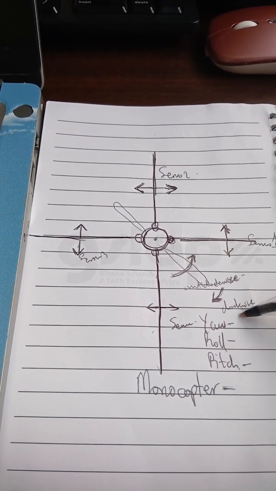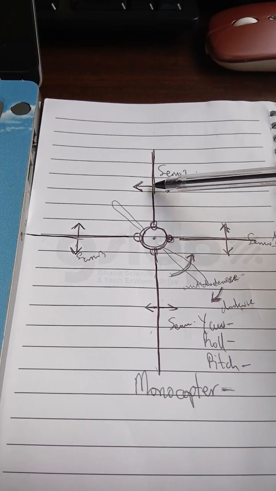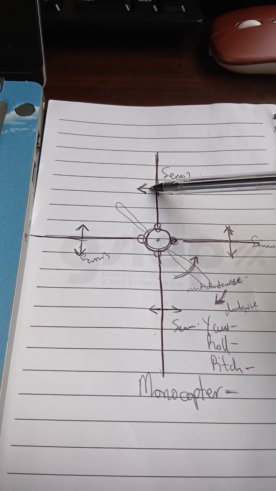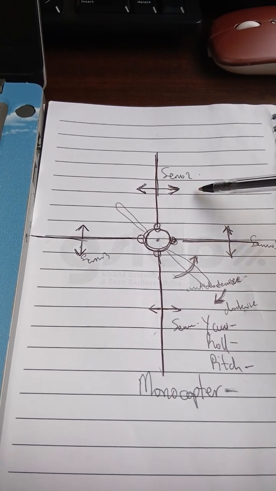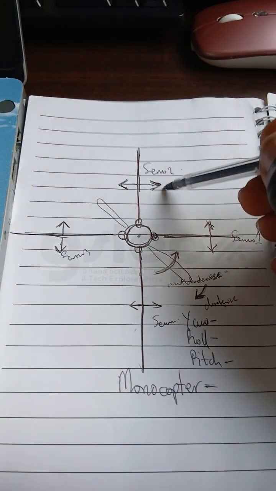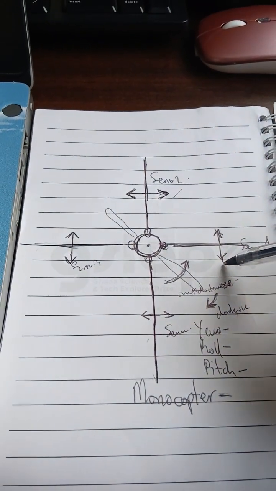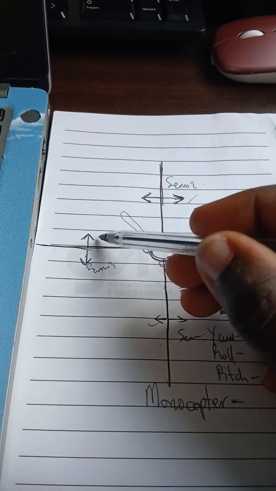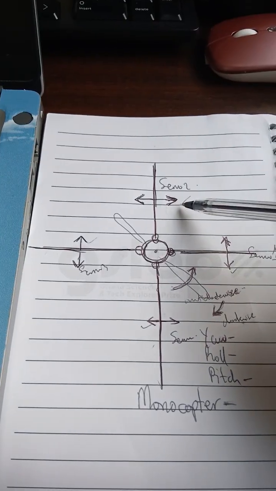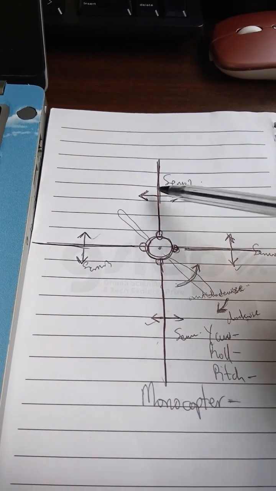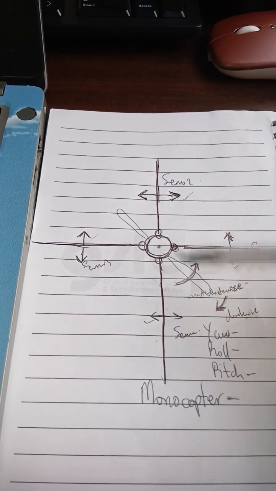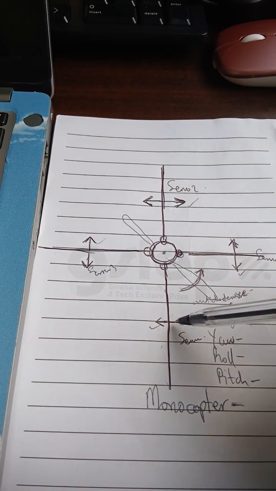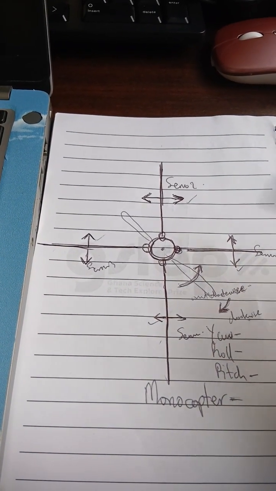So for us to cancel this, we have to rotate the servos clockwise this way. When we rotate it this way, it's going to create a force in the opposite direction, which will cancel out this. So it's like when this is coming this way, the force will be coming this way to meet it.